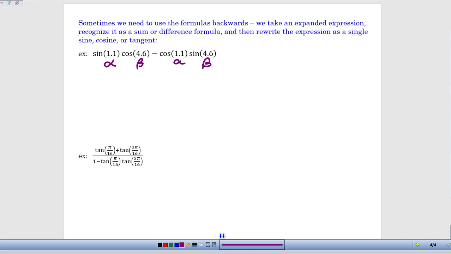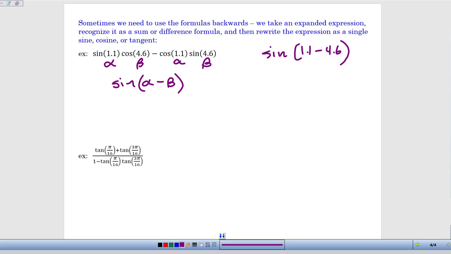So we have sine of alpha times the cosine of beta minus the cosine of alpha times the sine of beta. And so hopefully we can recognize that as being an expanded version of sine of alpha minus beta. And so then that means I can collapse this expression into sine of 1.1 minus 4.6. So I'm just working backwards.